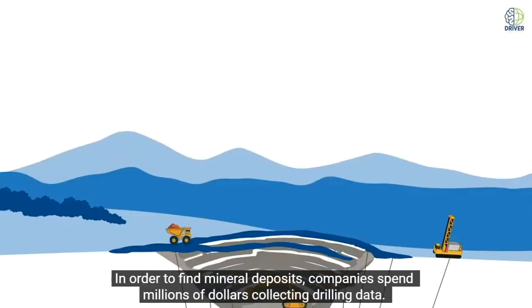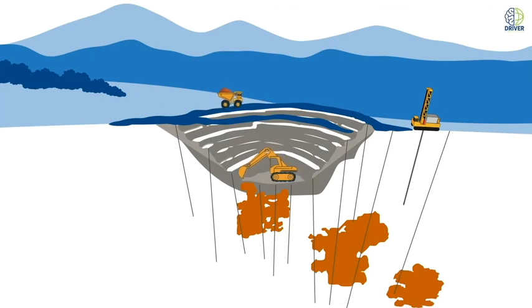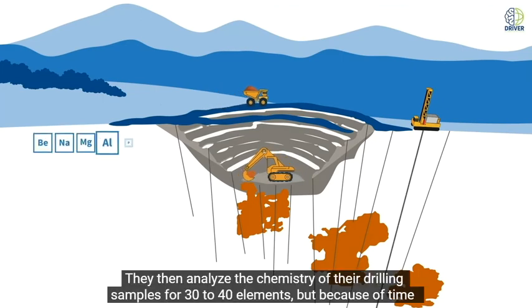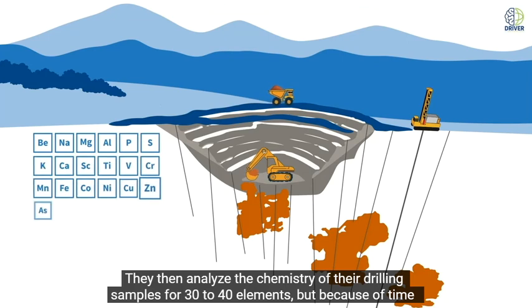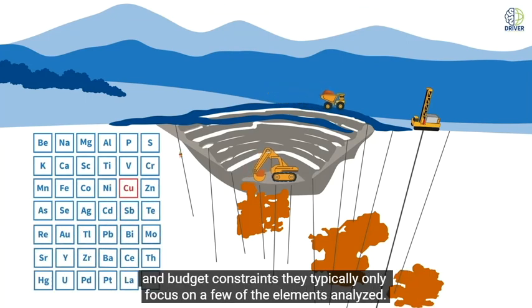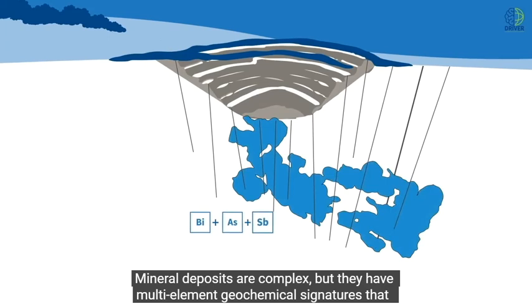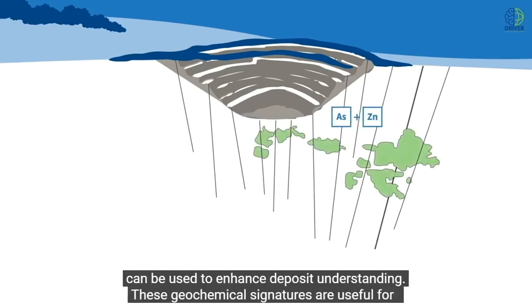In order to find mineral deposits, companies spend millions of dollars collecting drilling data. They then analyze the chemistry of their drilling samples for 30 to 40 elements. But because of time and budget constraints, they typically only focus on a few of the elements analyzed. Mineral deposits are complex, but they have multi-element geochemical signatures that can be used to enhance deposit understanding.